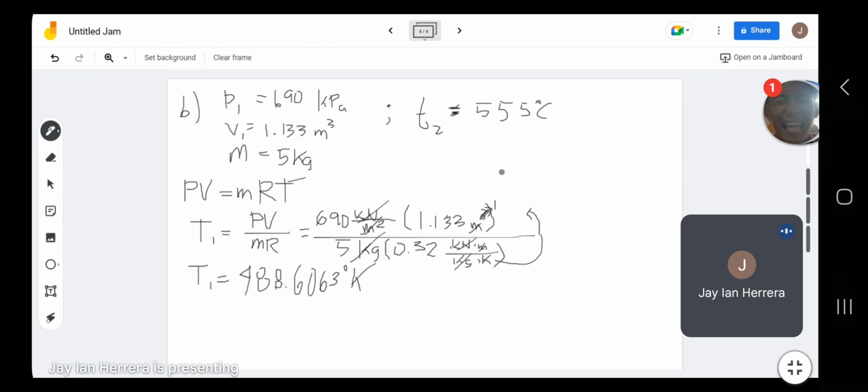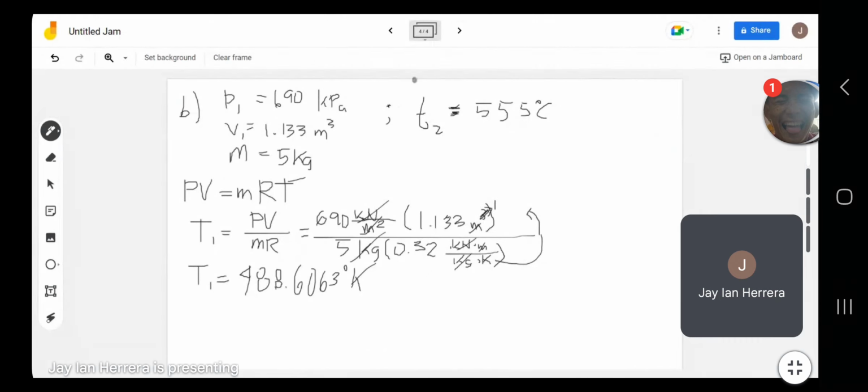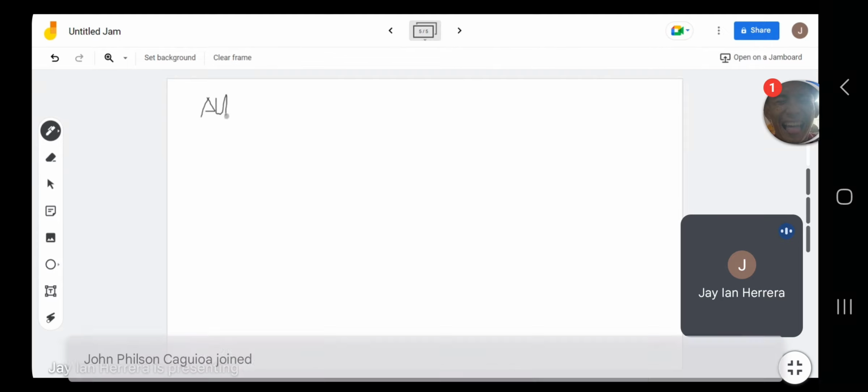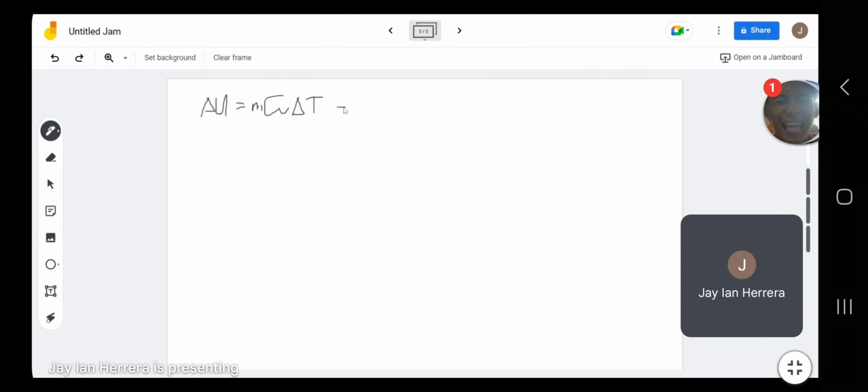So, for letter B, unang tinatanong dito is find the change in internal energy. So that is MCV delta T. Our delta U, change in internal energy, we have MCV delta T. Diretso na natin.